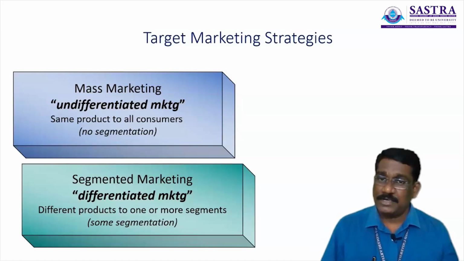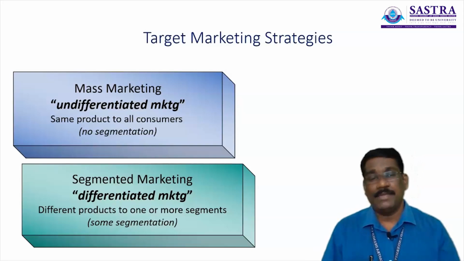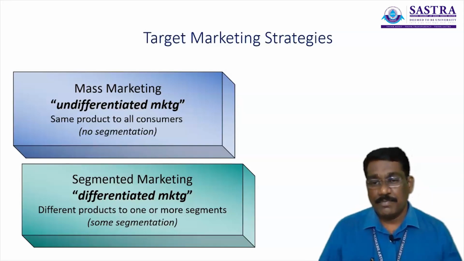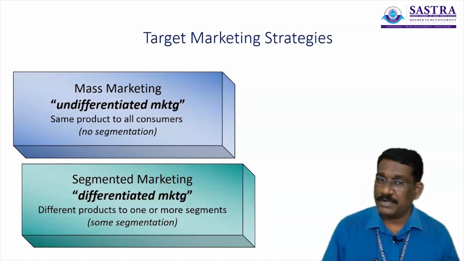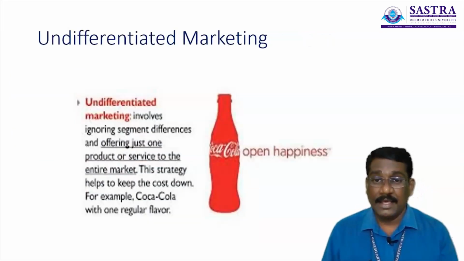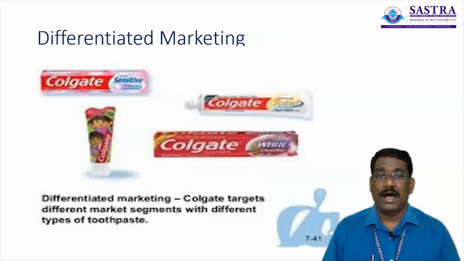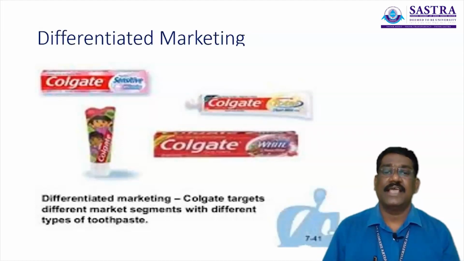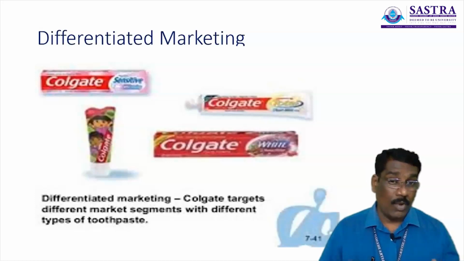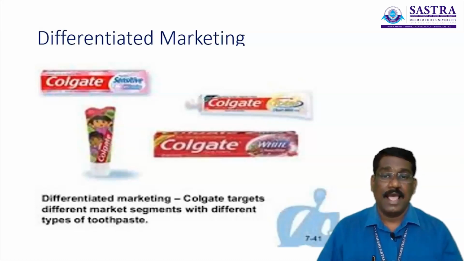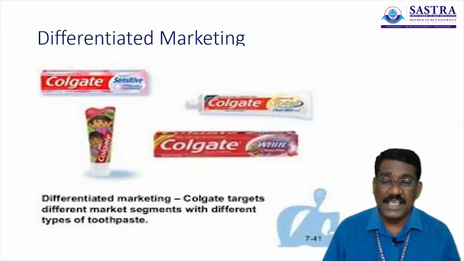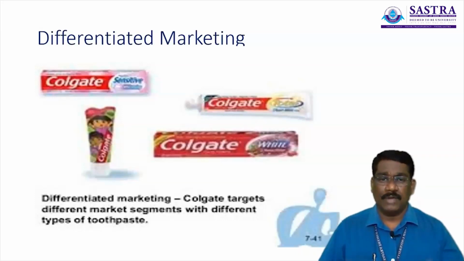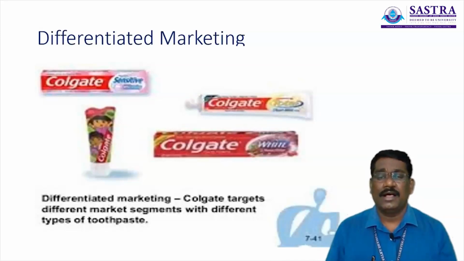The next concept is segmented marketing, or differentiated marketing: different products to one or more segments, right? I can quote Colgate toothpaste as an example. Colgate Sensitive, Colgate Kids, Colgate Whitening, Colgate Ayurvedic and Colgate Total are all there.